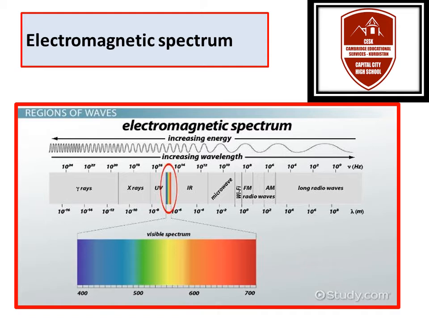Okay, here the electromagnetic spectrum. What does it mean? As we said, the electromagnetic wave has one speed, but in fact not all electromagnetic waves are visible.